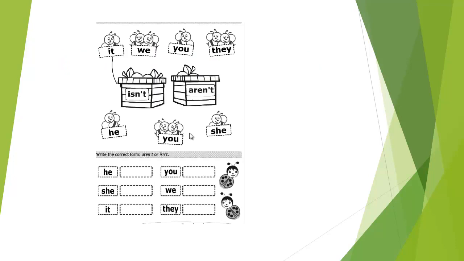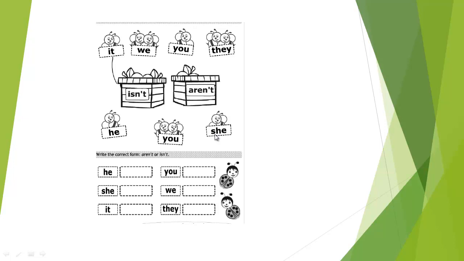Now we're going to work with the second activity guide. In the second activity guide, what you have is the same. You have the bees with the flashcards with the pronouns, and in the basket, there is the negative form of the verbs. So we have isn't and we have aren't.